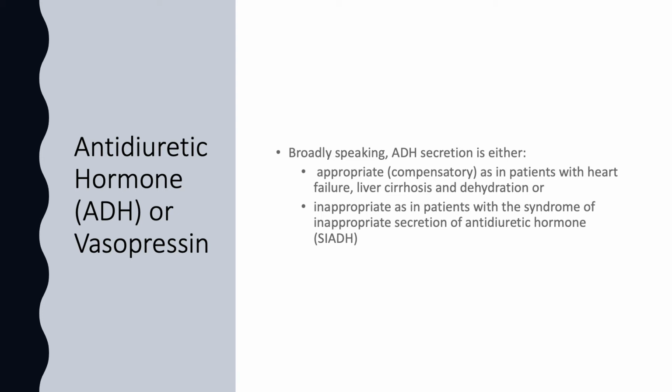ADH secretion will lead to increased absorption of water in the collecting tubules, and that can be either compensatory or appropriate, like in patients with heart failure, liver cirrhosis, dehydration, because you need that excess volume to improve the renal perfusion, cardiac output, etc. Or it can be completely inappropriate, no good reason for it, like in patients with the inappropriate secretion of antidiuretic hormone or SIADH. We'll discuss that later. And actually this appropriate, inappropriate, this is really my wording.